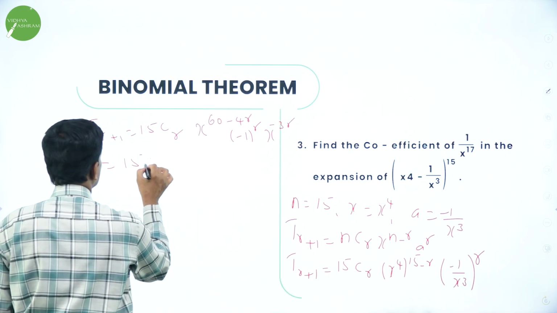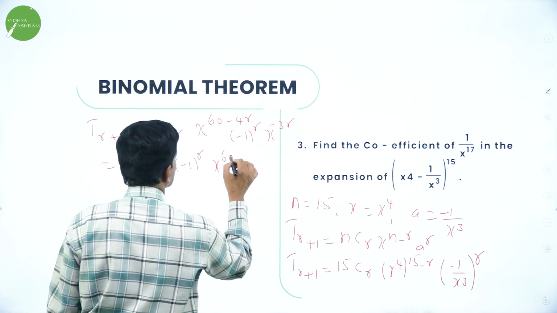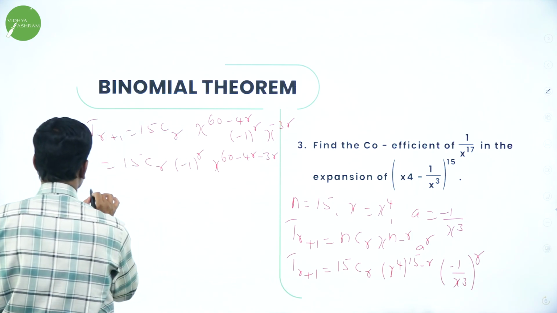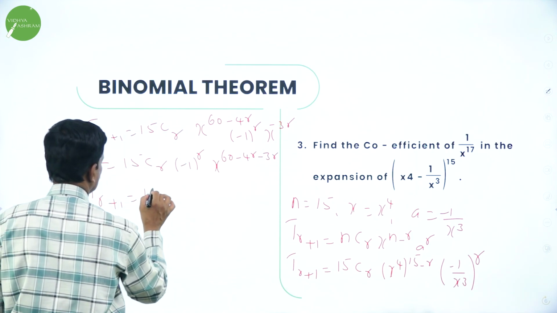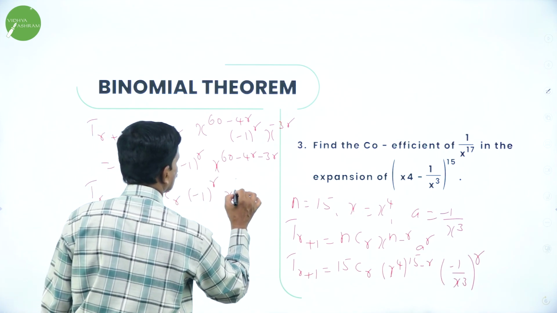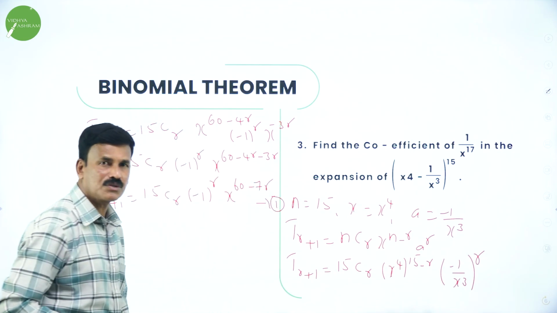So this is 15Cr minus 1 to the power of r x to the power of 60 minus 4r minus 3r. So that is Tr plus 1 is equal to 15Cr minus 1 to the power of r into x to the power of 60 minus 7r. Let us represent this as equation number 1.